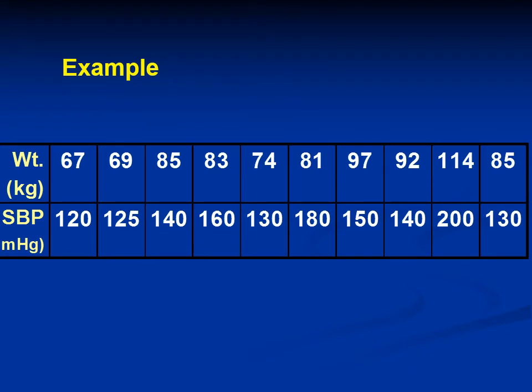We have an example of weight and blood pressure. So data was collected on weight and data was collected on blood pressure. Maybe this person was trying to understand the relationship between weight and blood pressure, the extent to which these two variables are related.